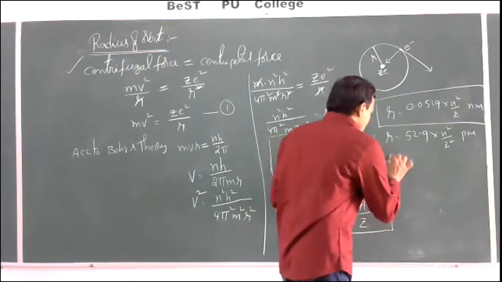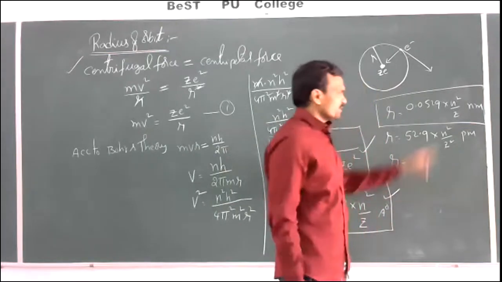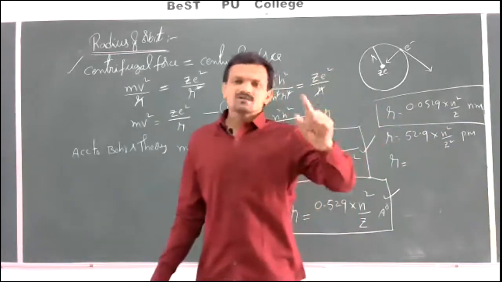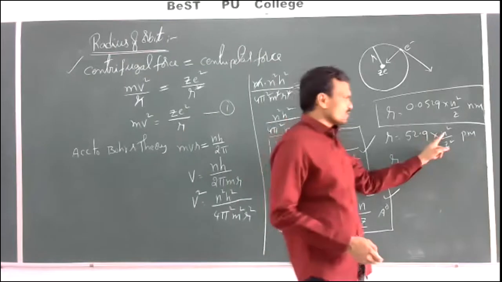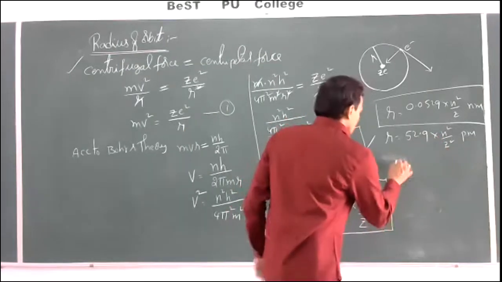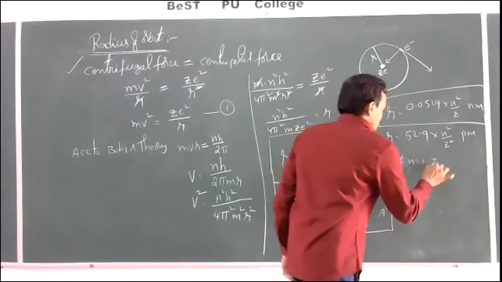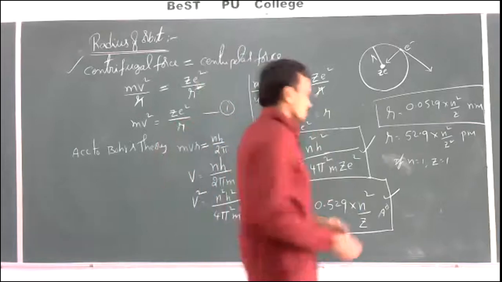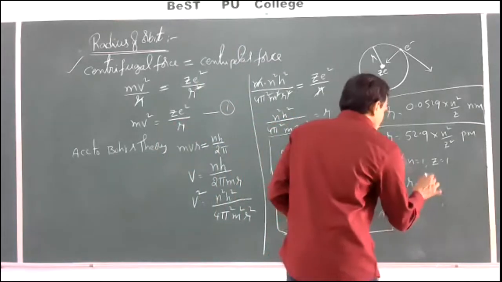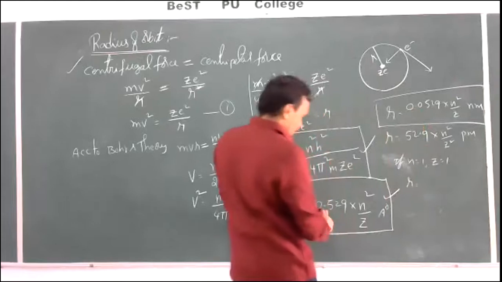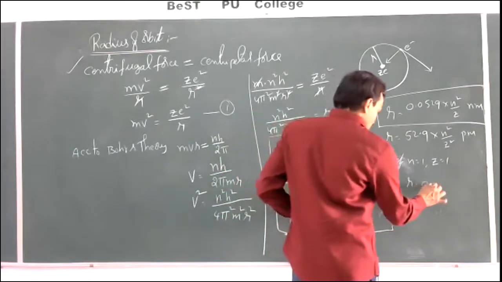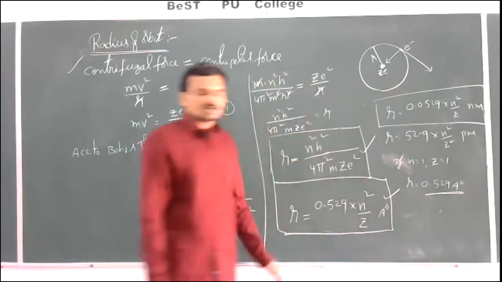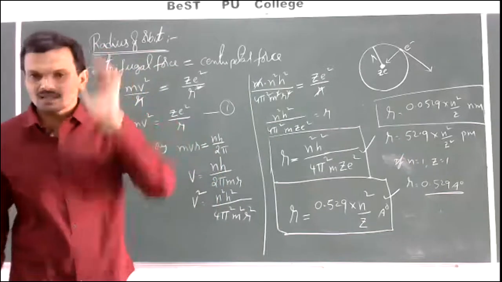And one more thing here. If n is equal to 1 and z is equal to 1, that means the first orbit of hydrogen atom. Then what do you get here? R is equal to 0.529 angstroms, and this is known as Bohr's radius, R naught.